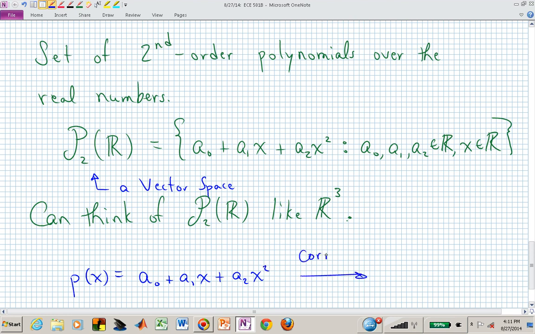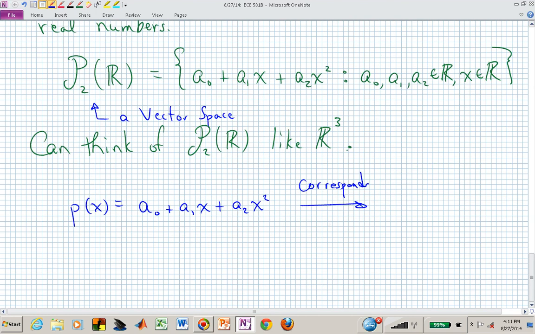We could say that corresponds to, that's what I'm implying by this arrow, a sub 0, a sub 1, a sub 2. We could think in terms of R3, or we could think in terms of a polynomial. Both of those are capturing this vector space of second order polynomials.